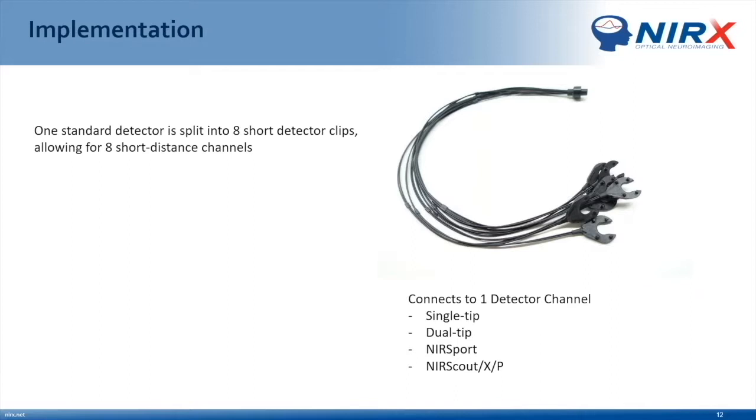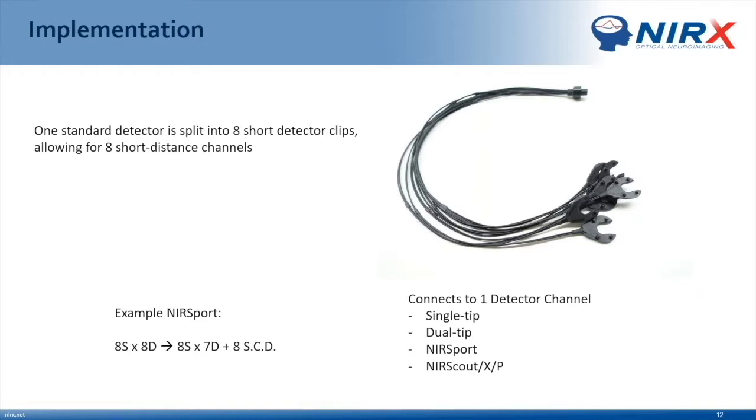And if you think about it, this is a very economical solution, in the sense that you give one detector channel to generate 8 short detector channels. For example, for a NIRSport measure, you go from an 8 source 8 detector measure to an 8 source 7 detector measure. Plus, you generate 8 short channels.